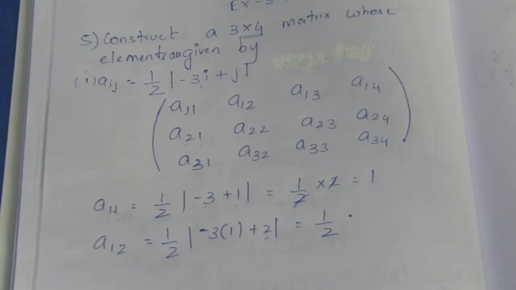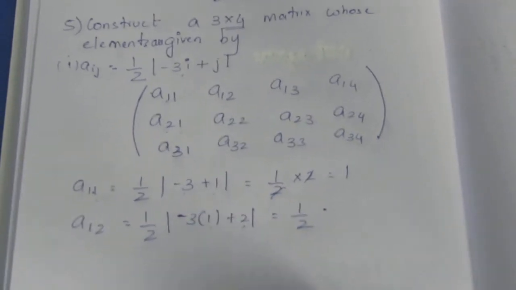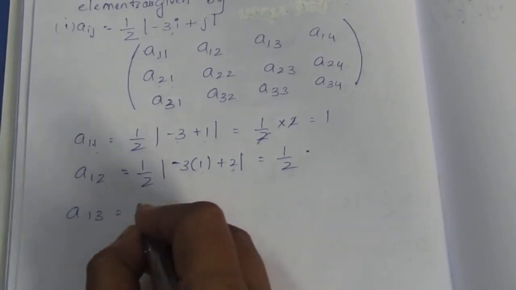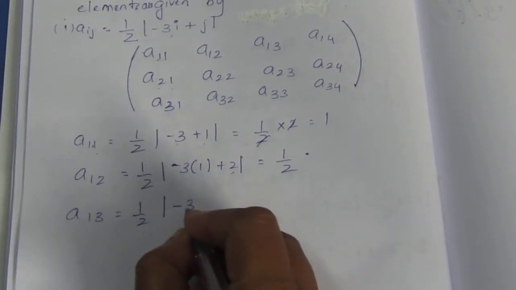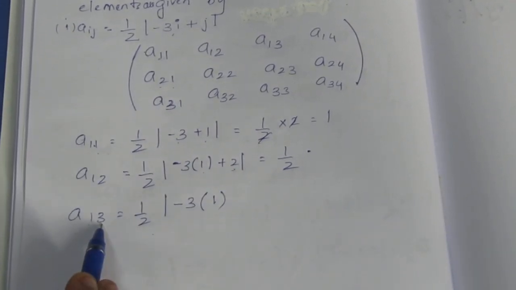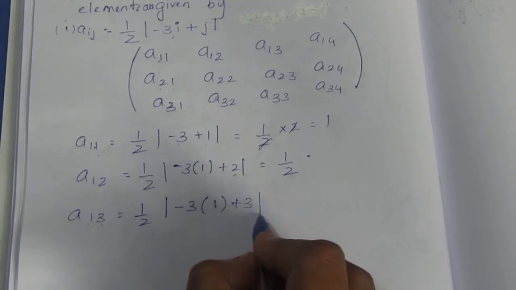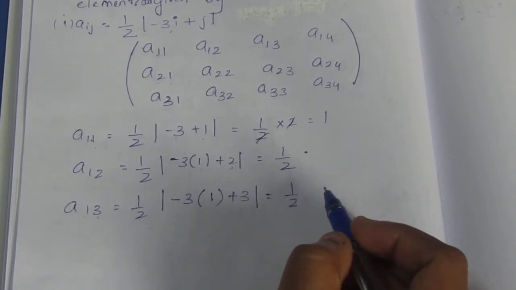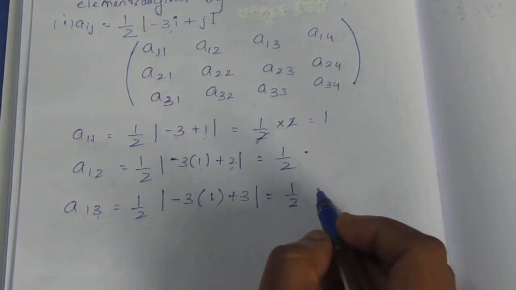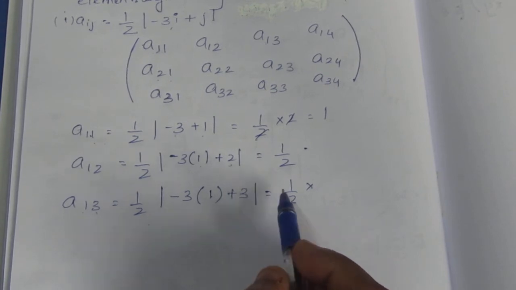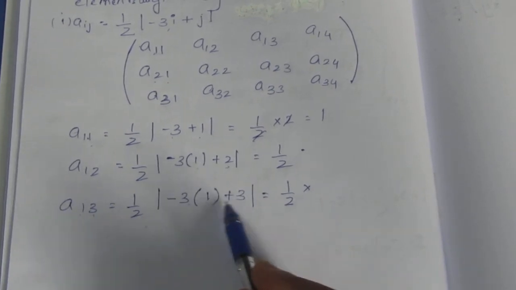The same way A13. A13 is half modulus of minus 3, in the place of i 1, in the place of j 3. Here minus 3 plus 3 will become 0.